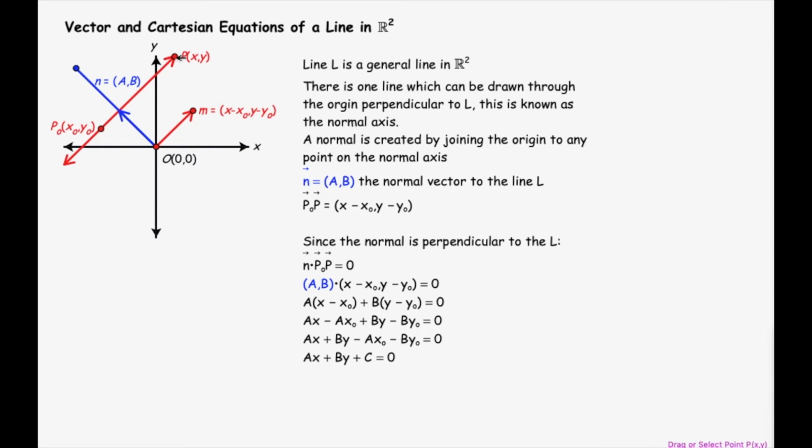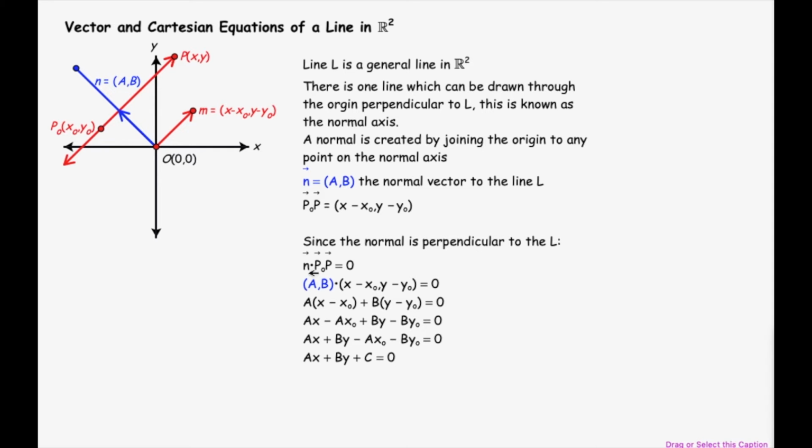This is any point on the line. And so the vector p naught p could be described this way. Imagine translating this back to the origin, we would do x minus x naught, y minus y naught. So I now have these two vectors. But the interesting thing about these two vectors is we do know that they are perpendicular. That means their dot product is 0.